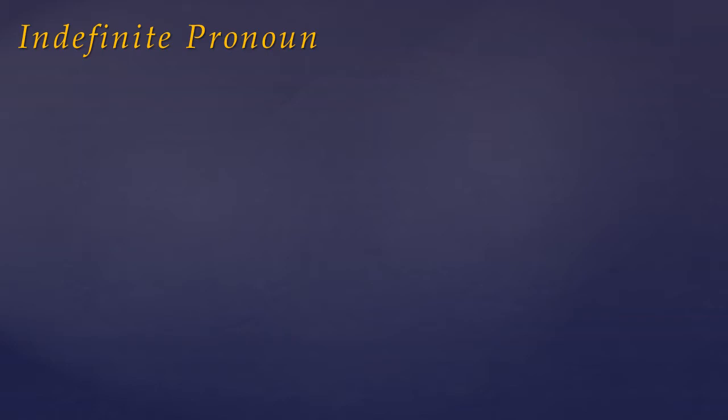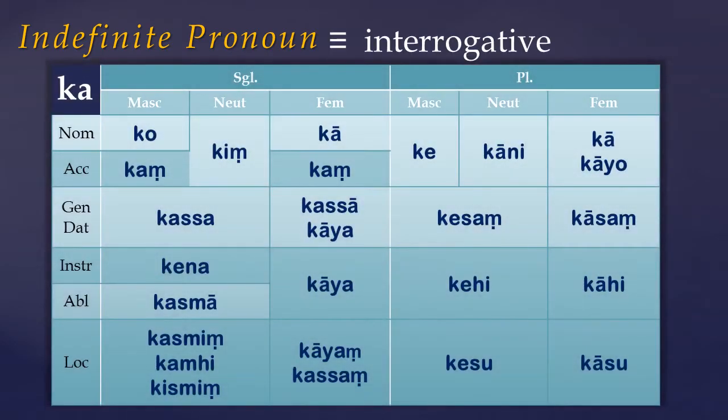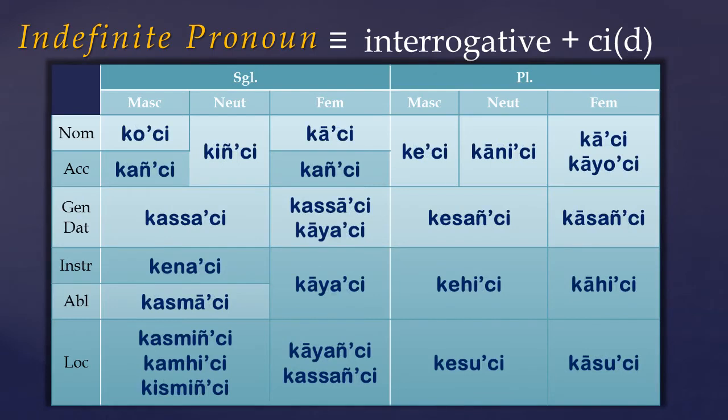Now, in Pali, an indefinite pronoun is made from a combination of the interrogative pronoun plus the indeclinable particle ci. And when these pronouns stand alone, they take the number and gender of the thing that they represent, even though they are indefinite.